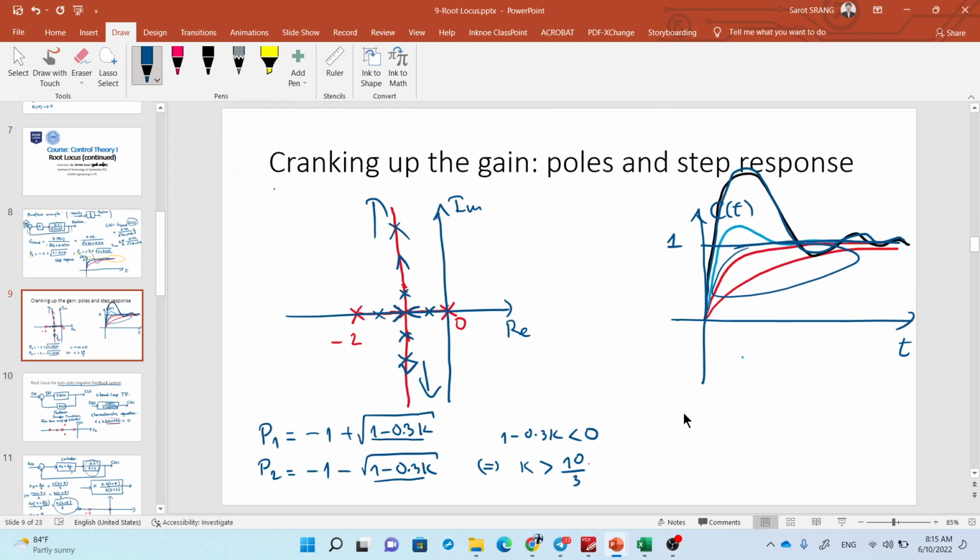So actually, there is a way to draw the curve of the poles of the closed loop transfer function when we increase the value of k. This is an illustrative example for the second order system that you just saw earlier.